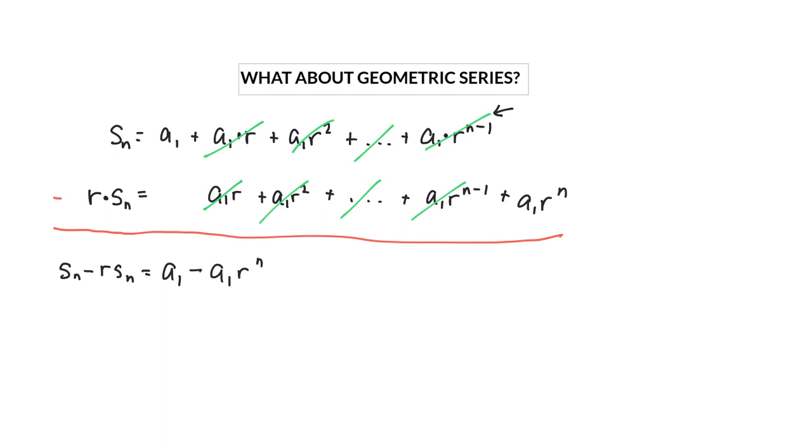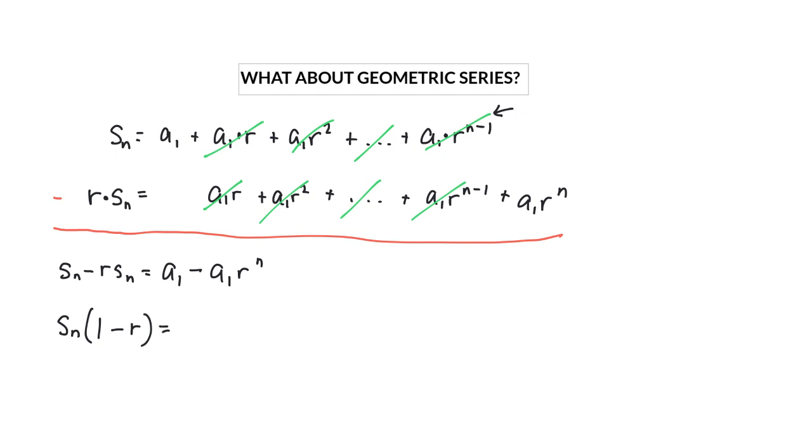And how do you get a convenient, easy to use formula for S sub n out of this? Well, on the left-hand side, you factor out an S sub n, leaving a 1 minus r. You check that with distributive property that works out nicely. Pull out the common factor of S sub n.